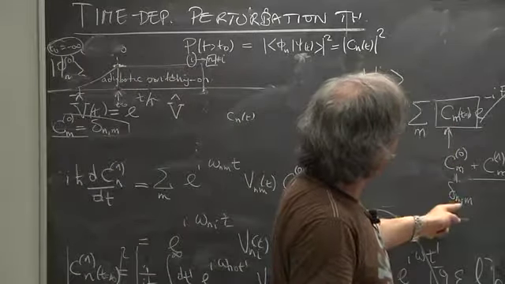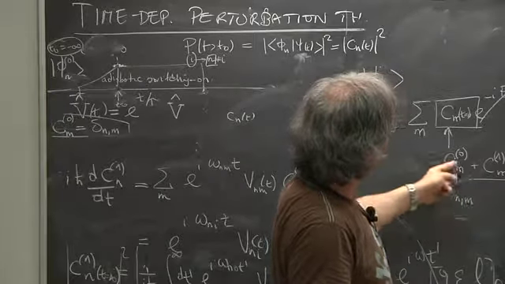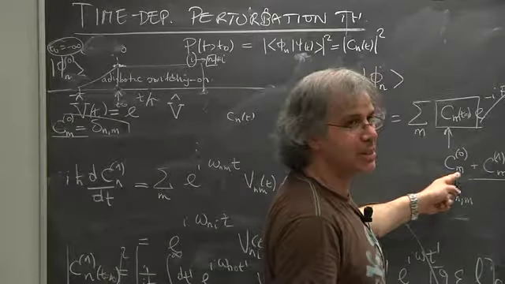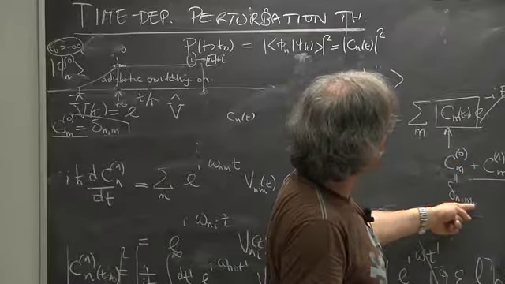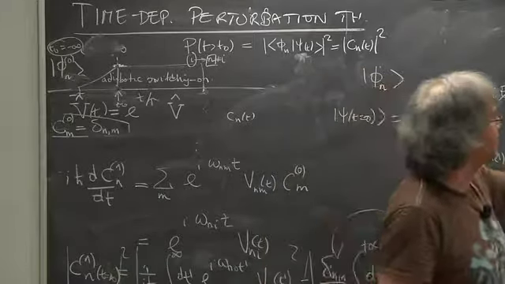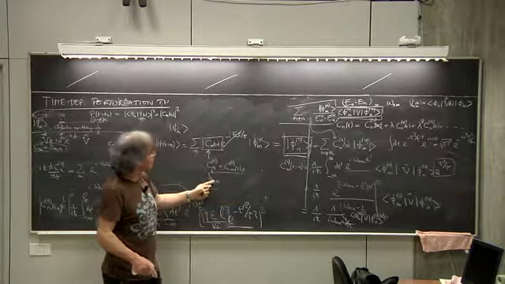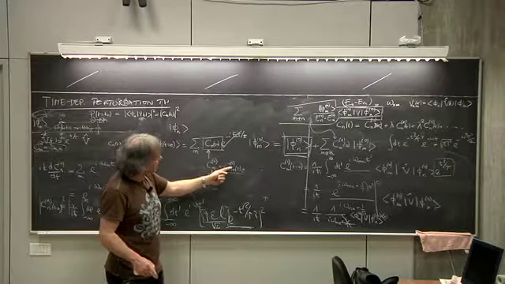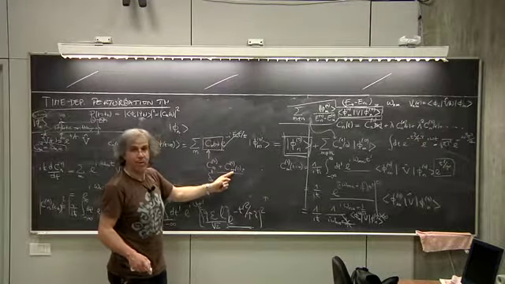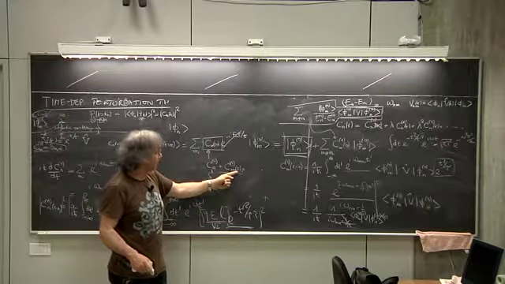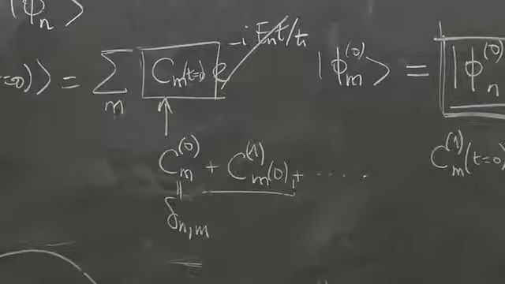Then you have the very same state for sure, because after all C0, which doesn't change in time, will persist forever, and therefore that state will still be there. But on top of that, you will have a piece coming from C1 M. C1 involves matrix elements of the potential with all possible states.